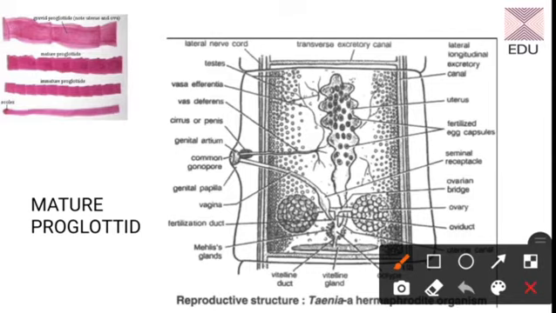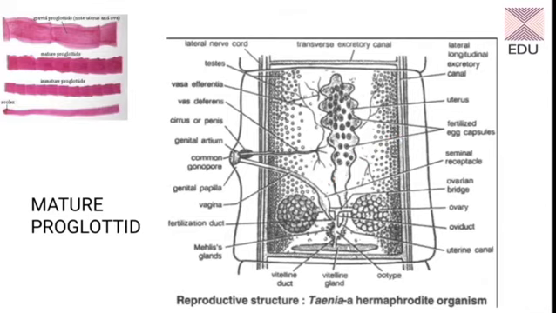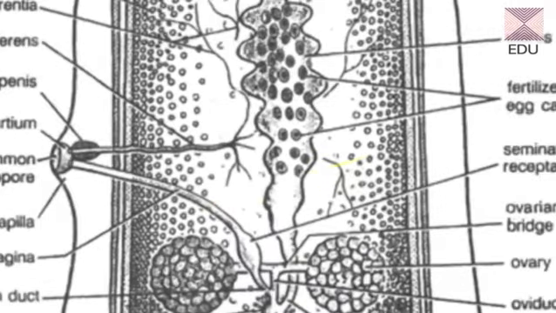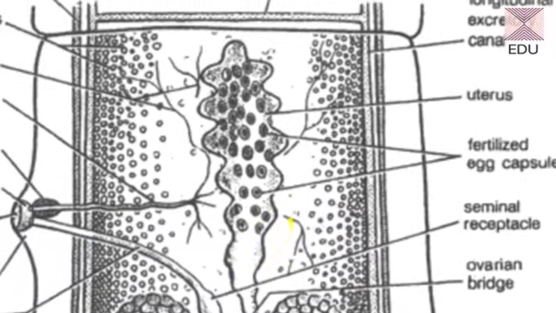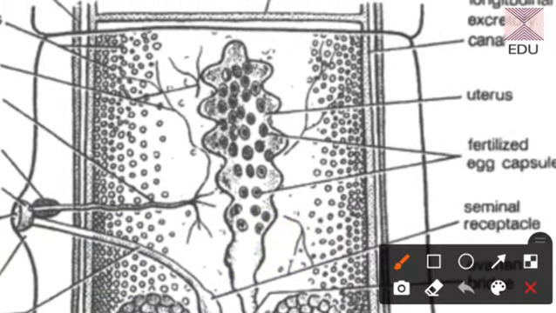We should start with the male reproductive system. Number one, we have the testes. If I zoom into this diagram, you can see a number of scattered testes.